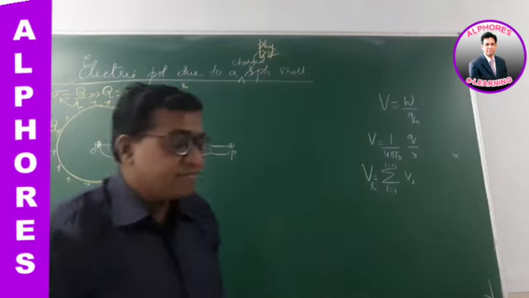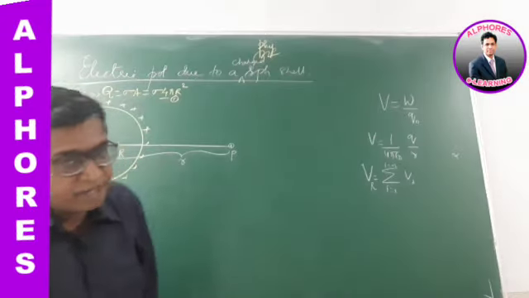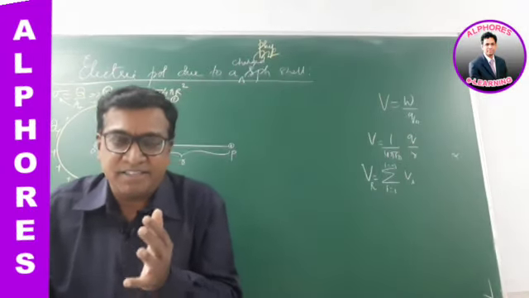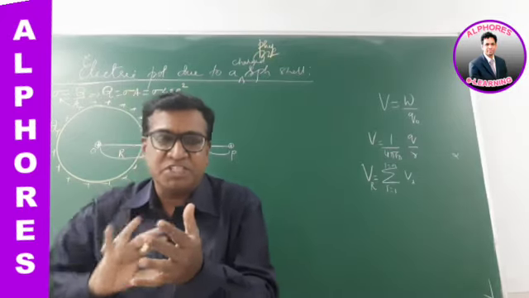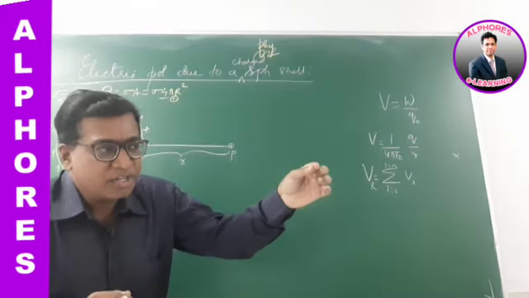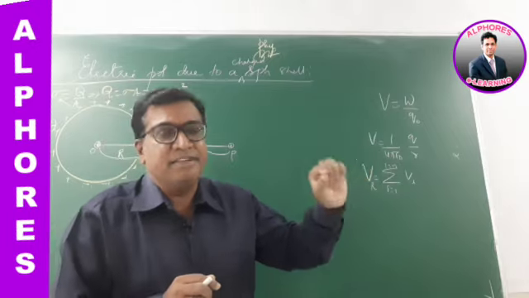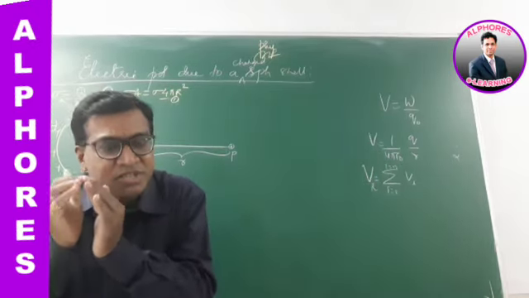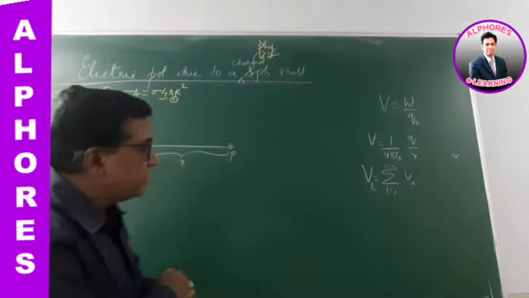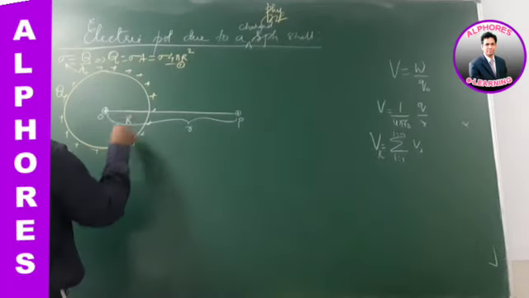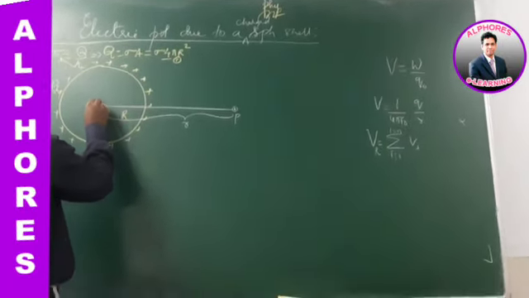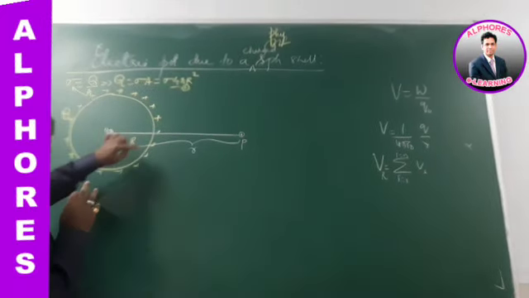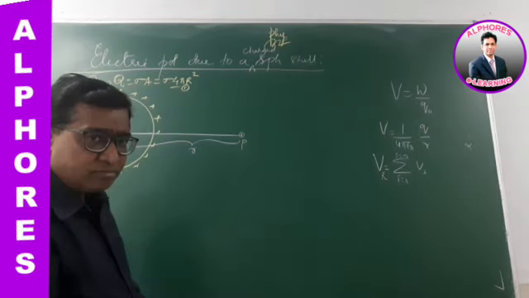When a hollow sphere is uniformly charged over its surface and we talk about a point outside the surface, then with respect to that point, all the charge behaves as if it is concentrated at the center. The charge does not really exist there, but it behaves as if all the charge Q is at the center.